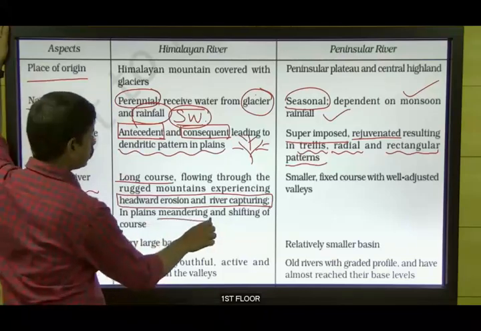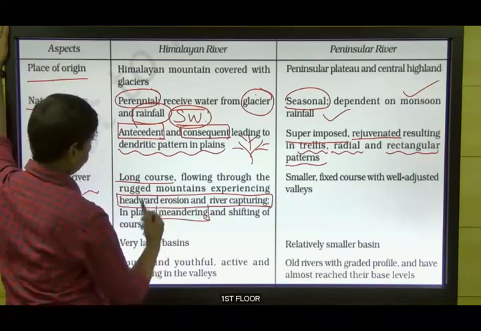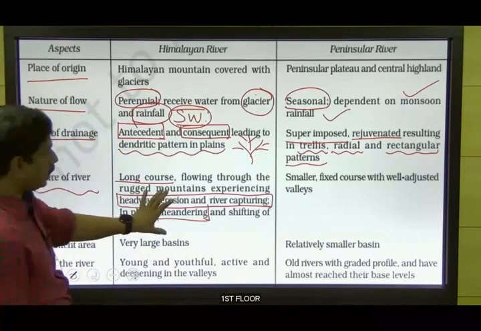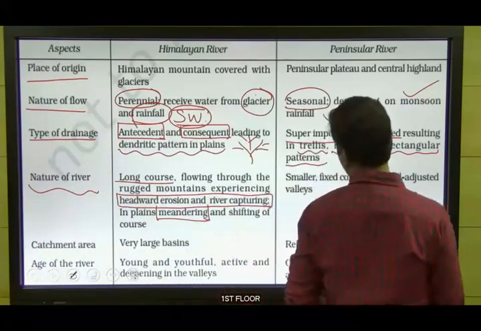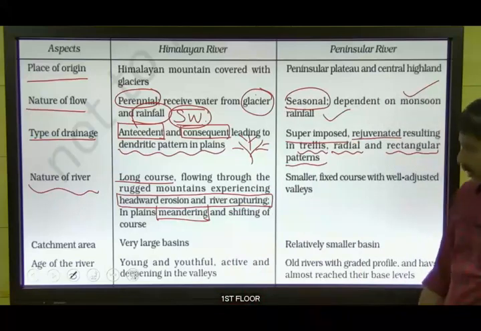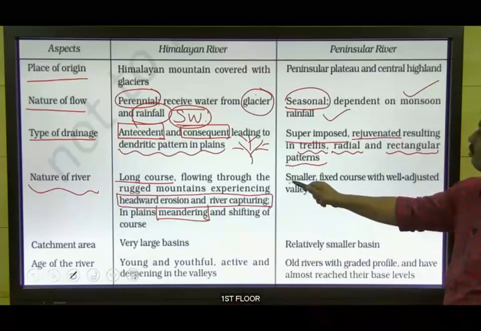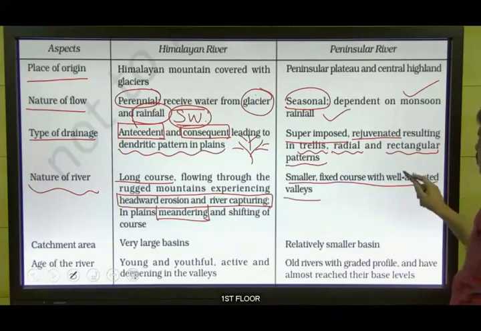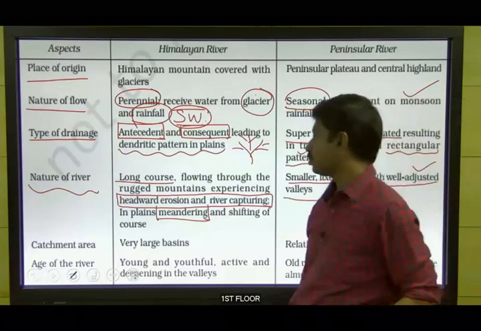And meandering is also common. Meandering and shifting of course is common. I will explain these points. What is headward erosion? What is river capturing? What is meandering? Here in case of the peninsula, it is a fixed course, well adjusted to the valley. So no complication at all.